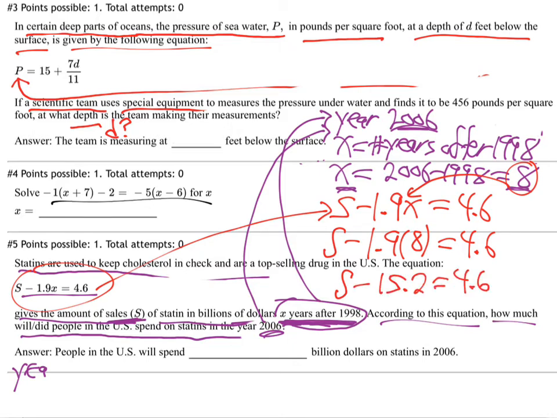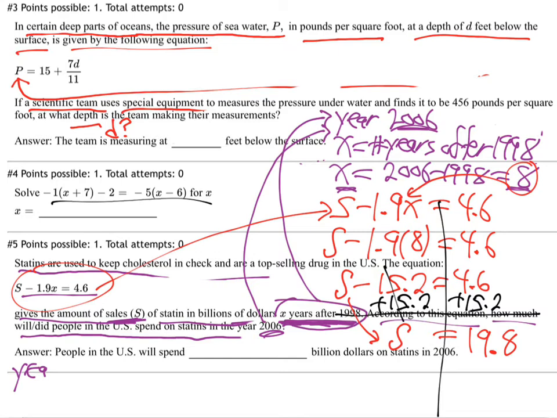And then you want to solve for S, so add 15.2 to both sides. Cancels here. So it comes on down. S equals, what's that going to be? 19.8. There's the answer, 19.8. So the whole trick was X was how many years after 1998. And so in the year 2006, that means X is 8. We just plugged in X is 8 and solved for S.